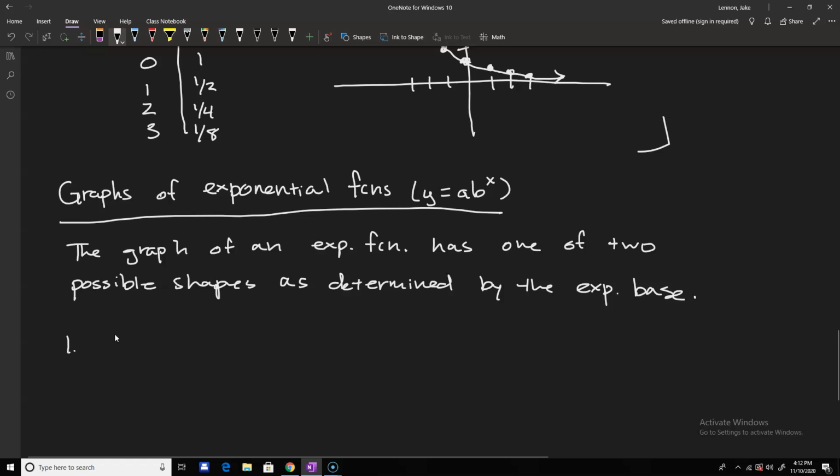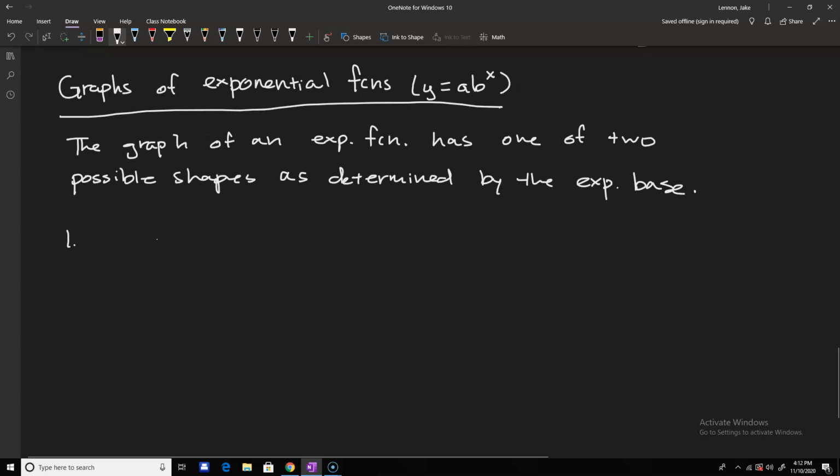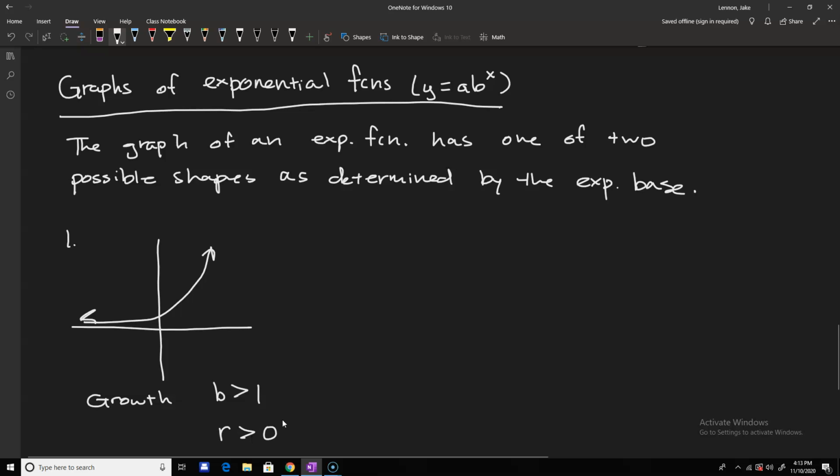So on the one hand, we could have the growth example, where we have the x-axis as a horizontal asymptote and then it going to infinity. So this is growth. What does this correspond to? Well, b is greater than 1, and anytime b is greater than 1, that means your percent change is also going to be positive.